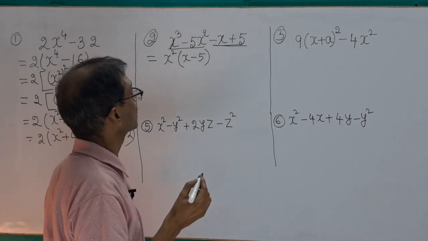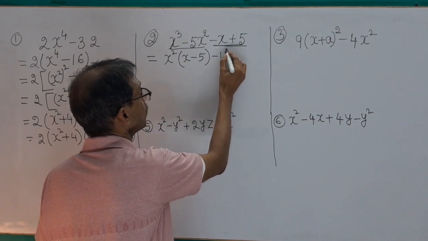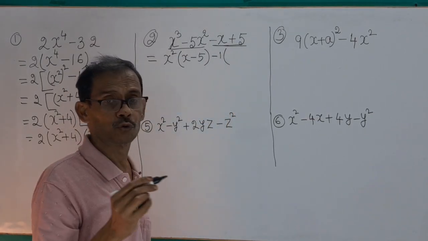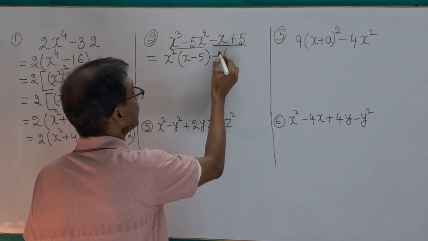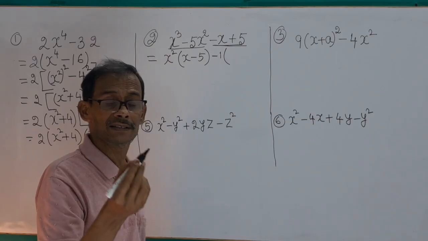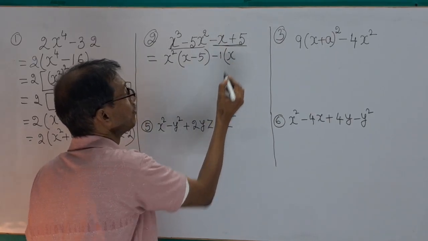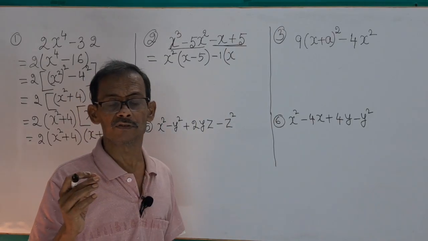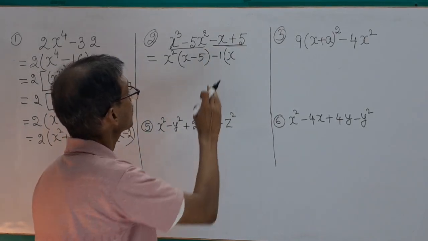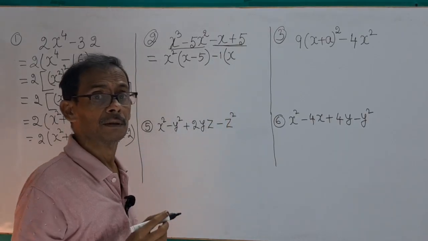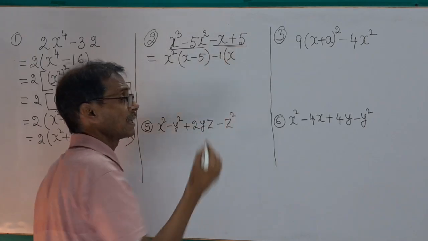In minus x plus 5, you can take common minus 1. Why I took minus 1 common, I will explain. So minus 1, then minus 1 into x becomes minus x. Because x into minus 1 is minus x, so once you have taken minus 1 common, the remaining will be plus x. And then from plus 5 you have taken minus 1.